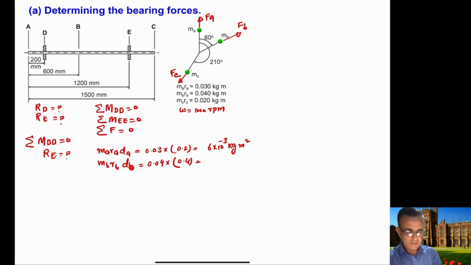So this will be 16 times 10 power minus 3, again kilogram meter square.